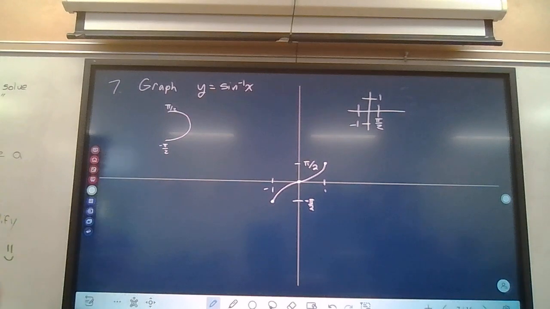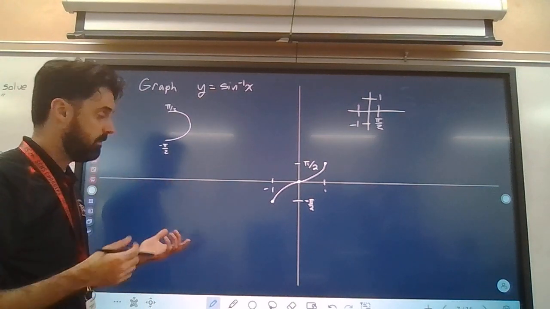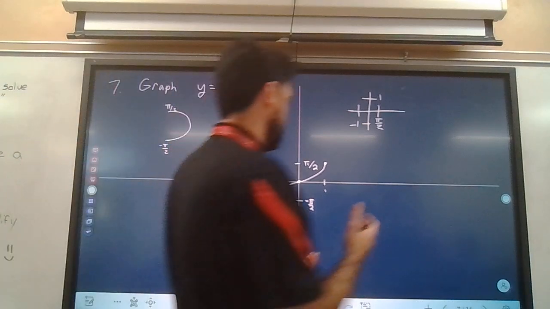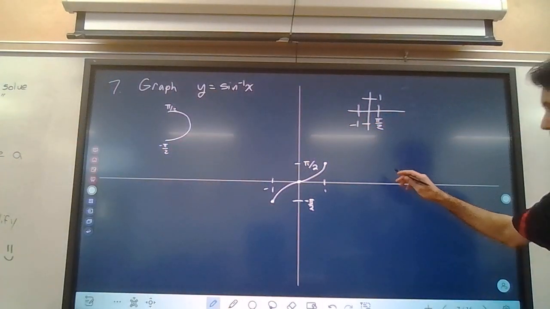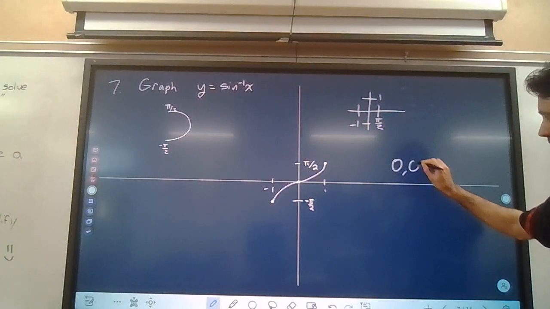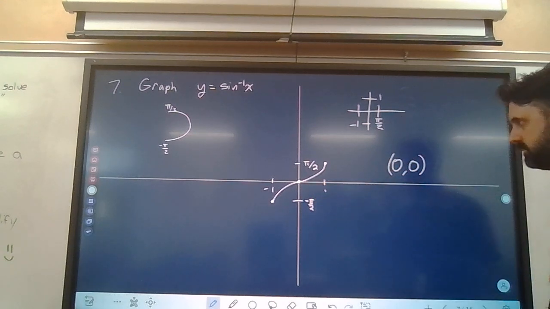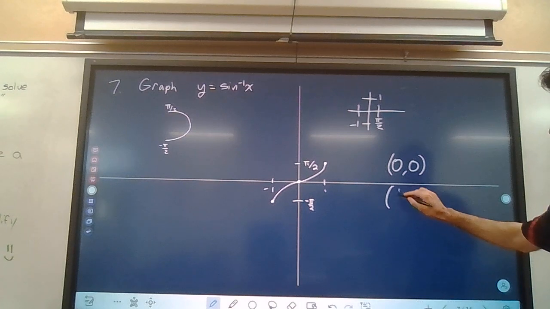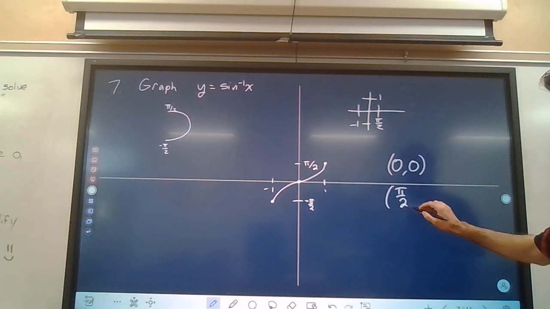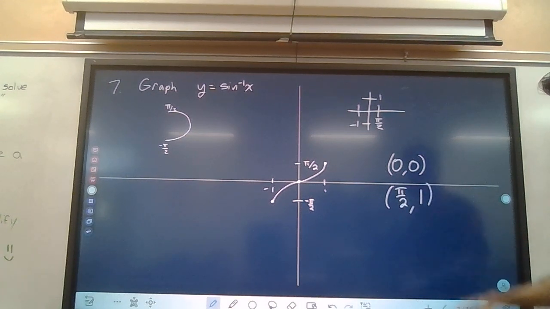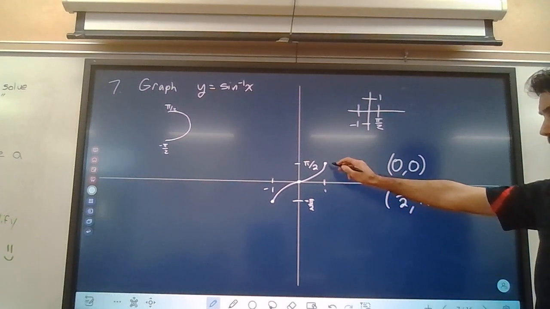All right. If you forget this one on the exam and it actually shows up, you can just take your coordinate points from sine. So you have a coordinate point at 0, 0. Okay, just switch them. It's still at 0, 0. You can take the next point that's on the normal graph, which would be pi over 2 comma 1. You're going to swap them, make it 1 comma pi over 2.